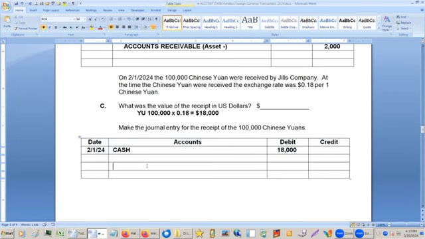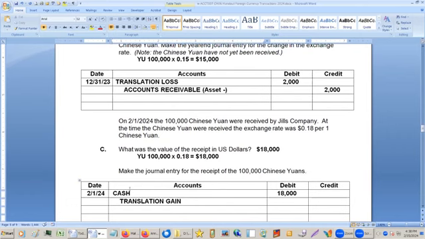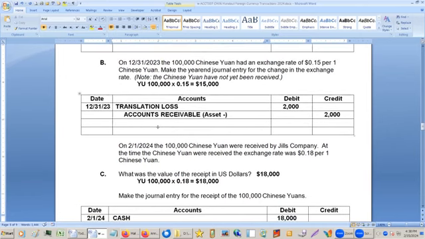And what's the rest of it going to look like? So next entry will be translation gain. Yep. And here's the tricky part: for how much? Should be 1,000, no?